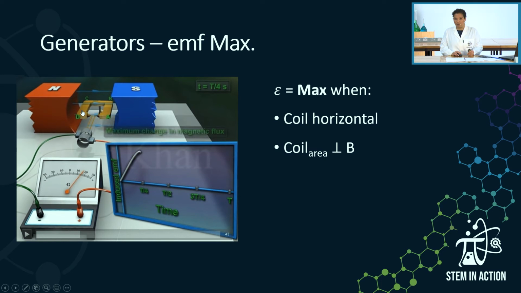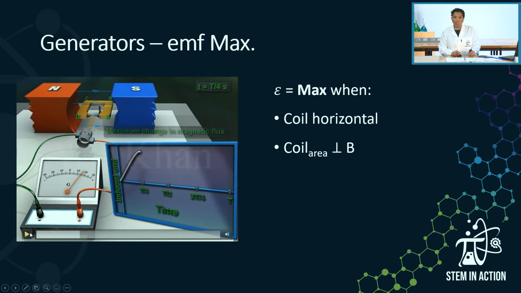If I look at my graph and at my coil, the coil is in the horizontal position. It's almost slicing the magnetic field. In that position, if I draw a normal to the area of the coil, that normal will be perpendicular to the magnetic field. In this orientation, when the normal is perpendicular to the magnetic field, or the coil itself is in a horizontal position, the induced EMF will be at a maximum. And we can clearly see it at a maximum in the graph.